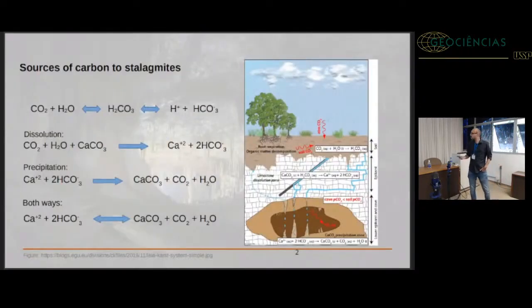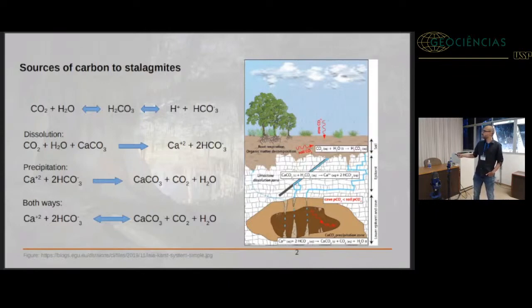So Max already presented these equations to you yesterday, about the solution of the limestone and then the precipitation of calcite. To be able to interpret our δ13C, we need to understand where this carbon comes from. Our carbon is here in our stalagmite, this calcium carbonate.